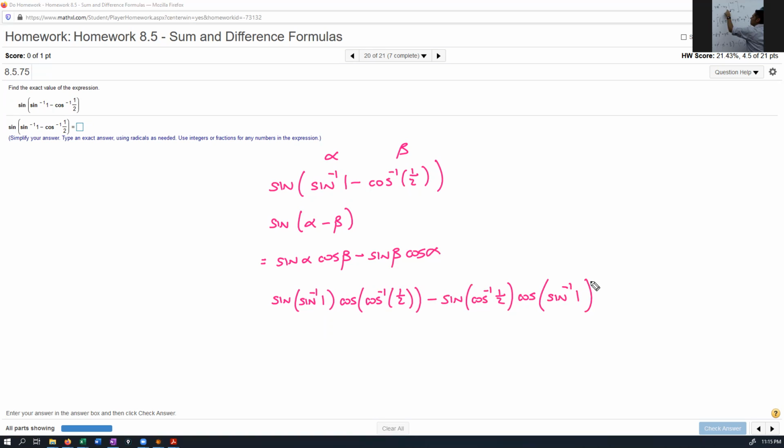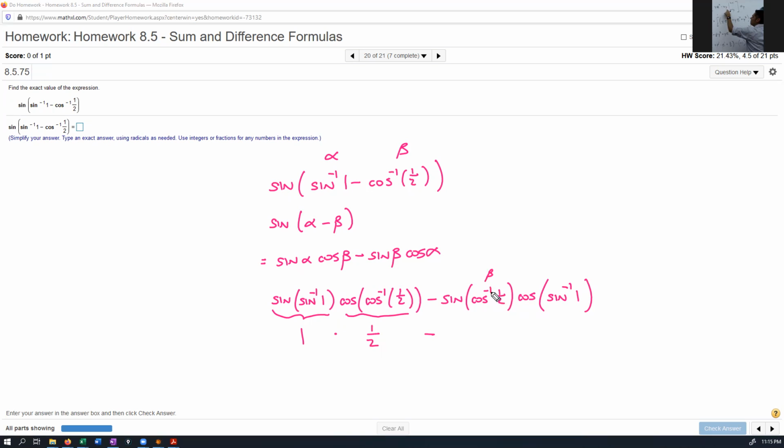All right, so there's a couple of easy ones here. This is just 1 because the sine and sine inverse kill each other off. I'll leave that one open. This one also is easy because they kill each other off. You get 1/2.